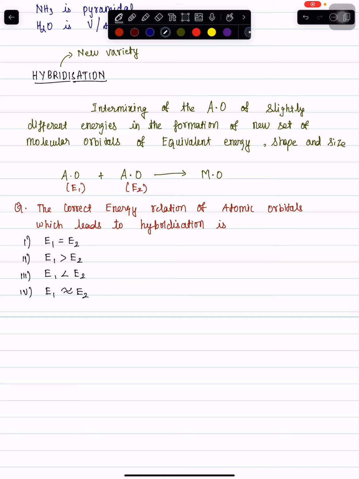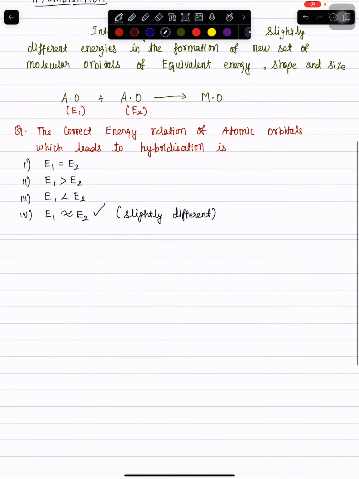In the fourth option, approximately the same is given, which matches the definition. So the correct answer is the fourth option, because we use the words slightly different. The energy difference should be very, very small. So the last option is correct. Let's go to the next question.